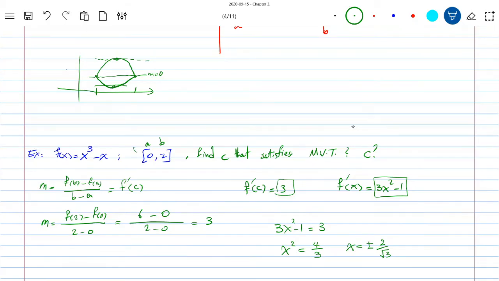You look at the interval. Sometimes you have multiple answers, but in this case, you look at the specific interval and say, okay, negative cannot be in that interval. So our solution is 2 divided by square root of 3. That is the constant C. C equals 2 divided by root 3. That means the derivative at that point is exactly the same as the slope of the secant line connecting the two endpoints.